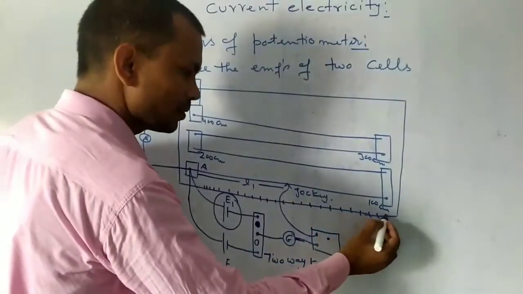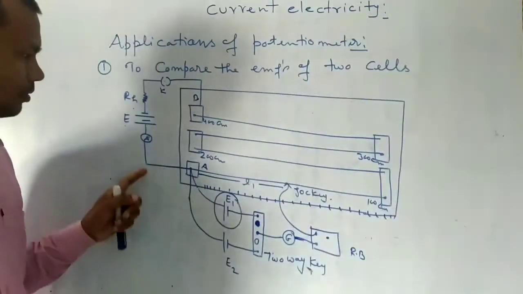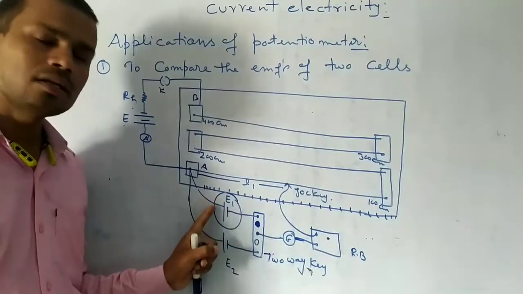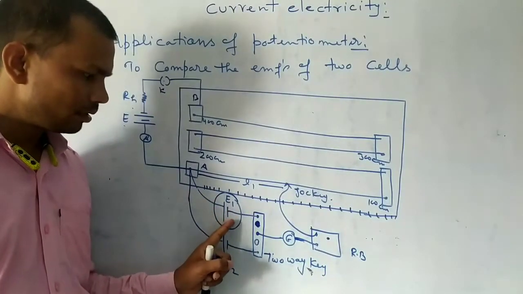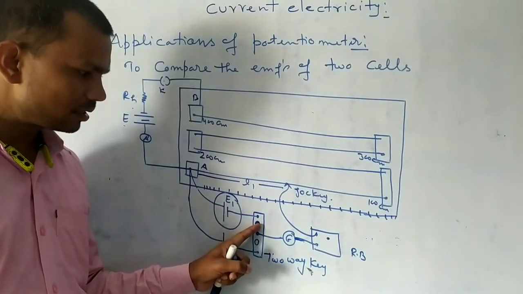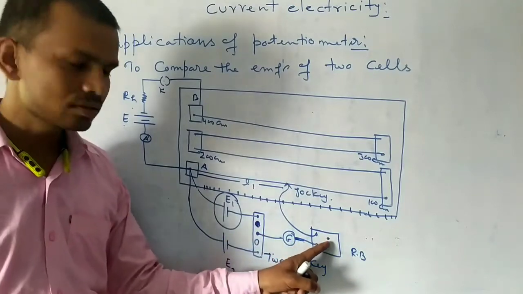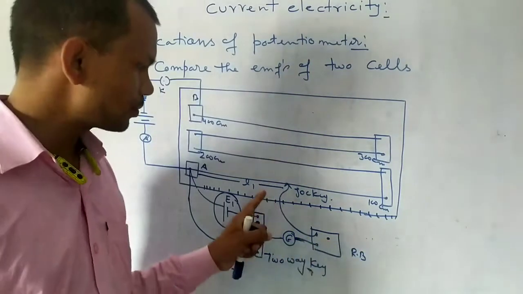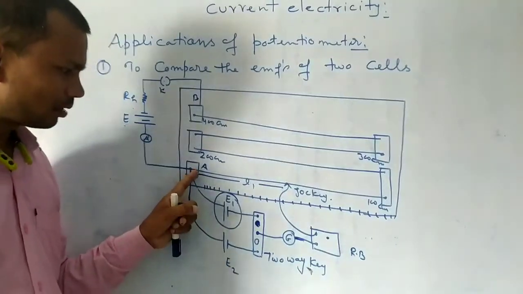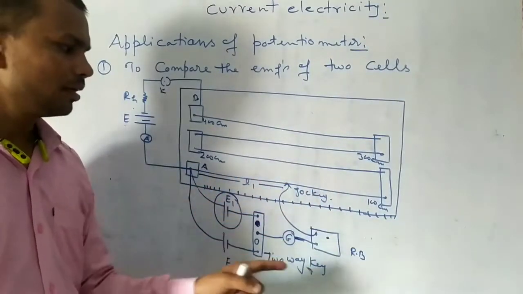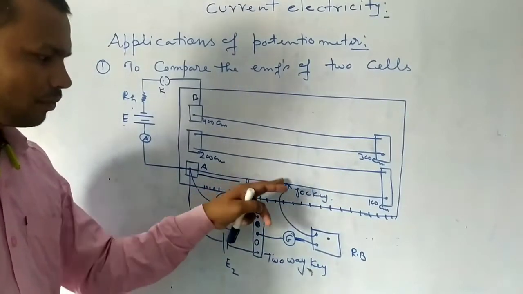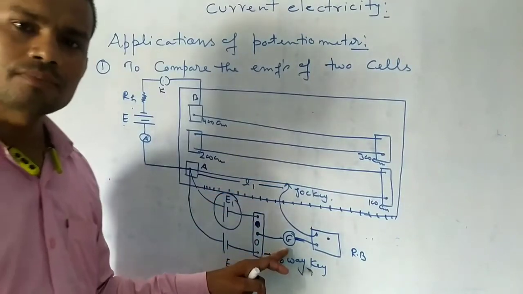Here you have to see that when we introduce this cell E1 by closing this key, and take out a suitable resistance from the resistance box, you have to slide this jockey from A to this side. Suppose L1 is the length where the galvanometer shows no deflection.